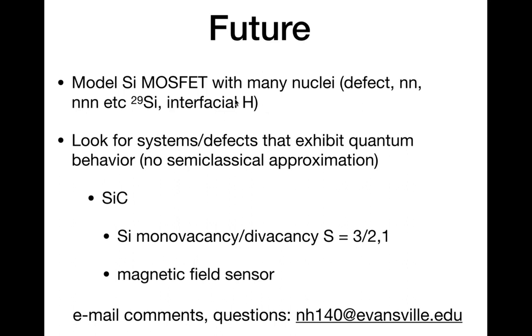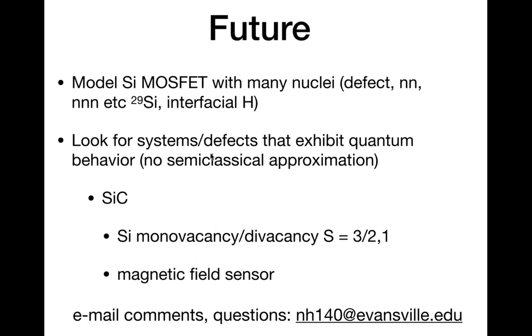So we're making progress along these lines by automating the fitting process, which would be very helpful because these will be pretty expensive calculations due to the large number of nuclear spins we'll have to be considering.